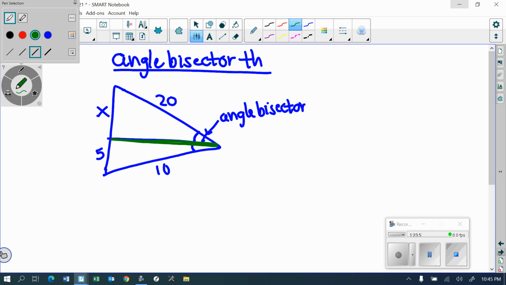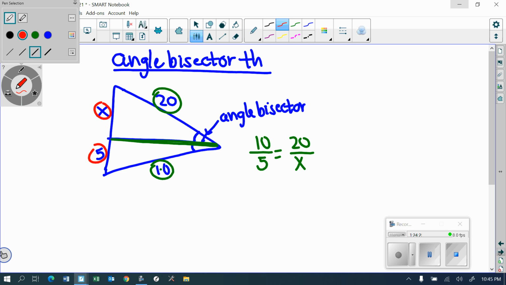So I can write it as 10 over 5, the longer side over the shorter. This side corresponds with this side. Since I did 10 on the numerator on this side, I must do the 20 on the numerator on the other side, because that's the corresponding side. And then x corresponds with the 5. Remember, I've got to write them in corresponding order.